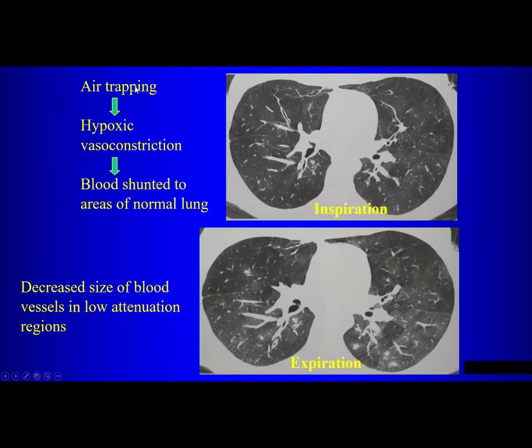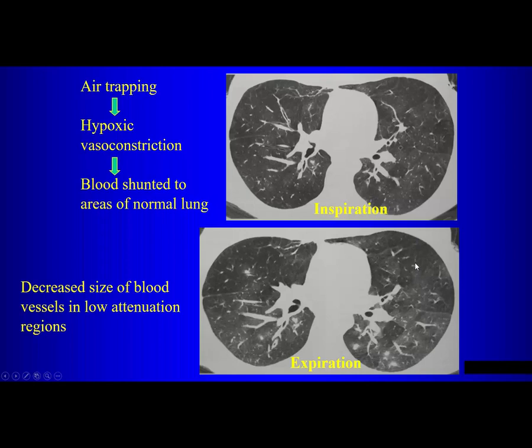And what happens with air trapping is that there's hypoxic vasoconstriction. So the blood is shunted to the more normal areas of the lung, which you can see a little bit of here. But on the expiratory views, that's accentuated even more because the air trapping persists. So not only do we see lucency, but we see decreased size of blood vessels within the low attenuation region.